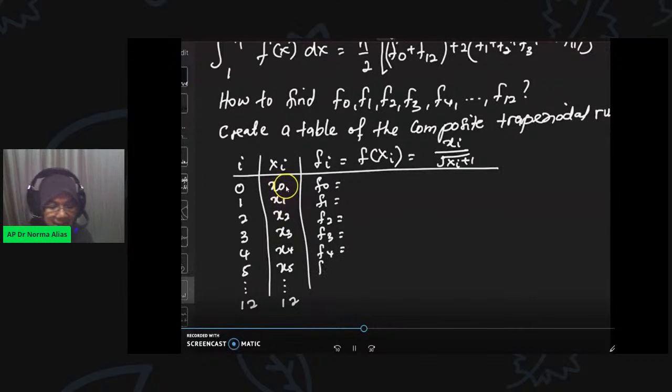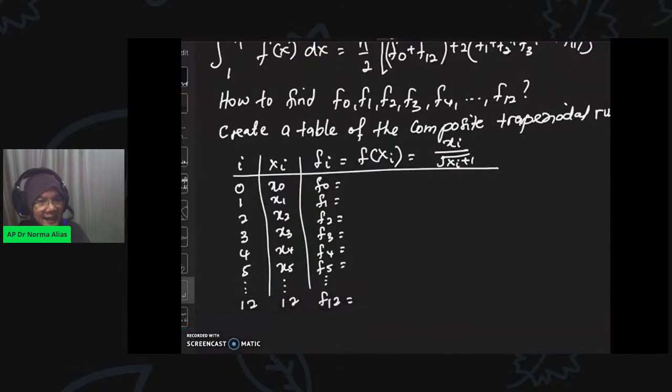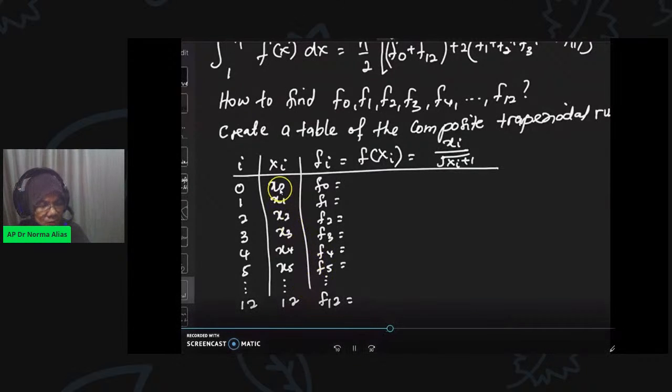So you can see here on page 136, you divide the table into 4 columns: i, xi. You generate xi from 1.0, 1.25, 1.5, 1.75, and so on, until x12 is equal to 4.